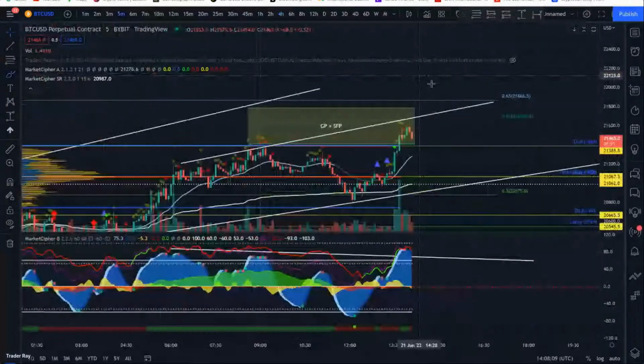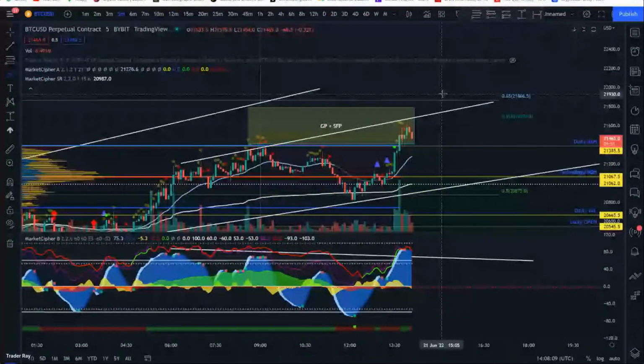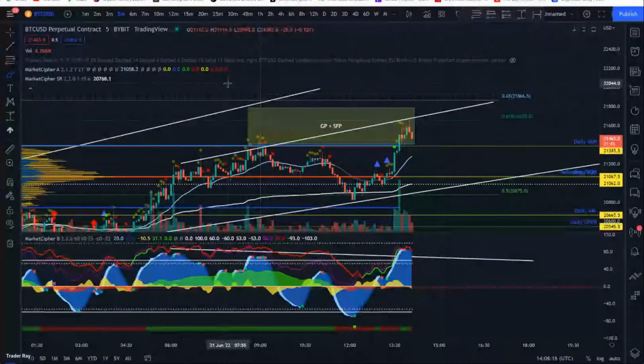I think that we are eventually going to close the day in the green. I have been losing a lot of money by trying to trade against the daily trend. I feel like the first 12 hours are the most determining, and you could almost say, well, Ray, why don't you then say 16 or 18?